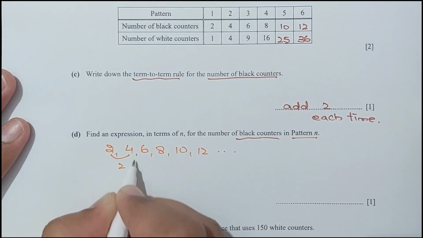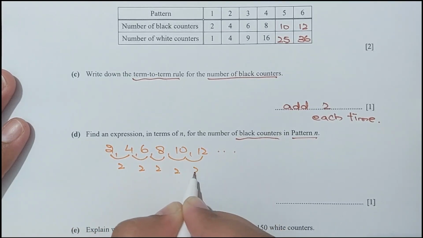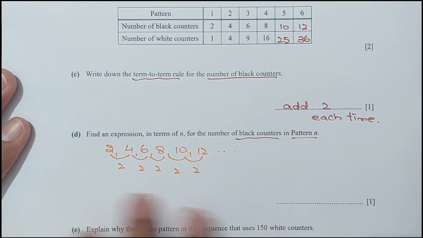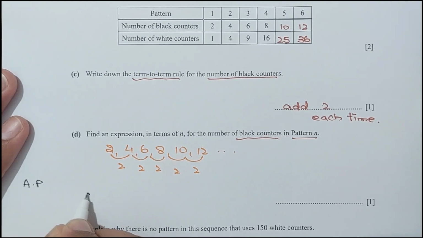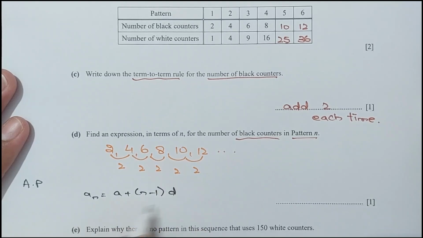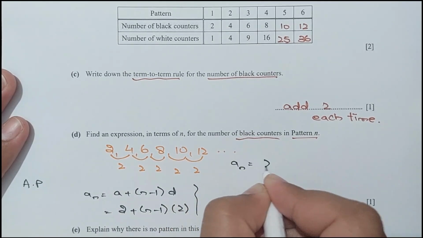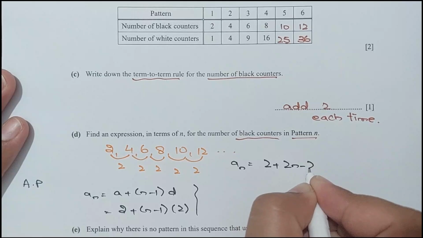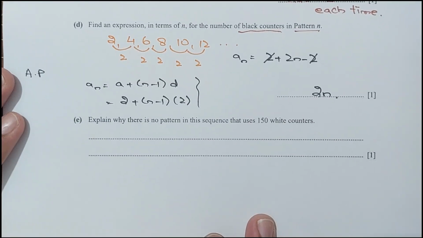The difference is 2, all the terms have a common difference of 2, so it is an arithmetic progression. an equals a plus n minus 1 into d, where a is the first term and d is the common difference. So an equals 2 plus 2n minus 2. Minus 2 and plus 2 cancel out, so 2n is the nth term.